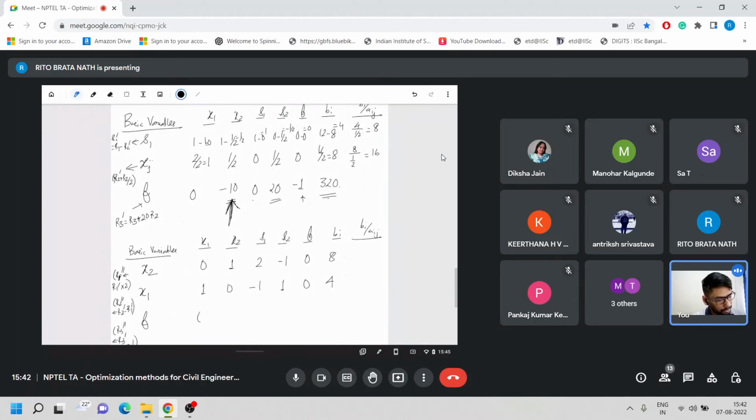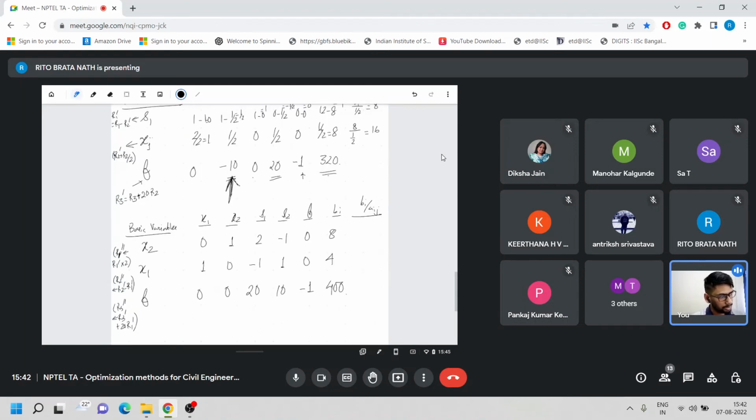So this one will be 0, this one will be 0. Again, this will be 20, this will be 10, this will be minus 1, and again, I think this will be something like 400 or something. So this will be your final tableau.